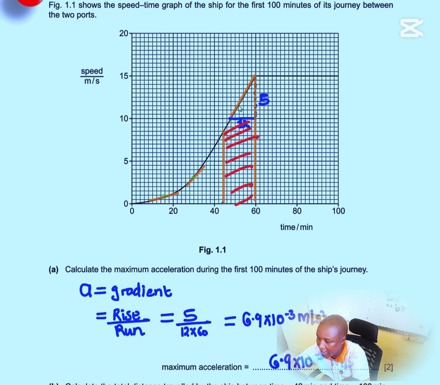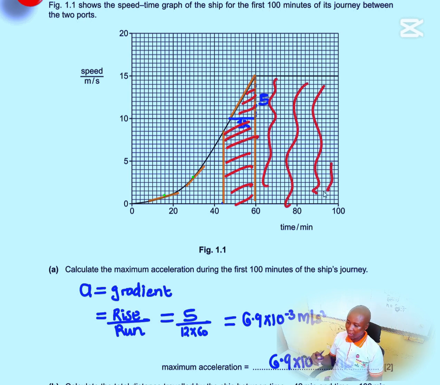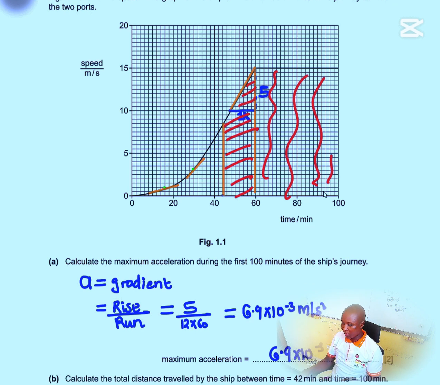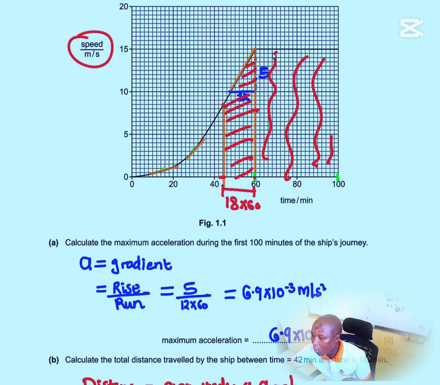I subdivided it so that I work out the area of this trapezium, and then I work out the area of this rectangle in this particular section, so that I add the two areas together. Plus, now we work out the area of that rectangle that we have here. So that's going to be 60 to 100, that is actually 40.